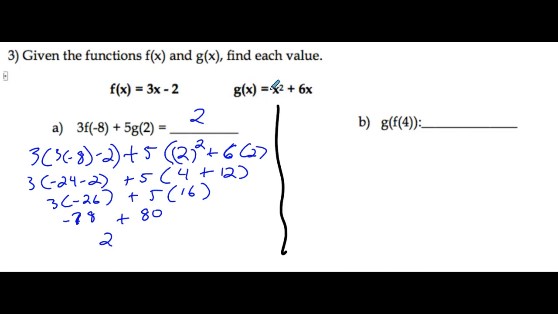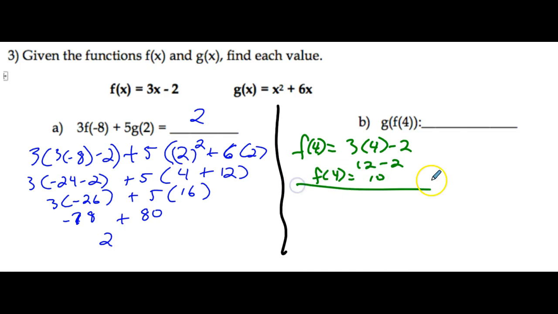So f of 4 is 3 parentheses 4 minus 2, or 12 minus 2, or 10. So f of 4 is 10. Now we take that value and we plug in that 10 for g of, so we have g of 10 equals 10 squared plus 6 times 10.